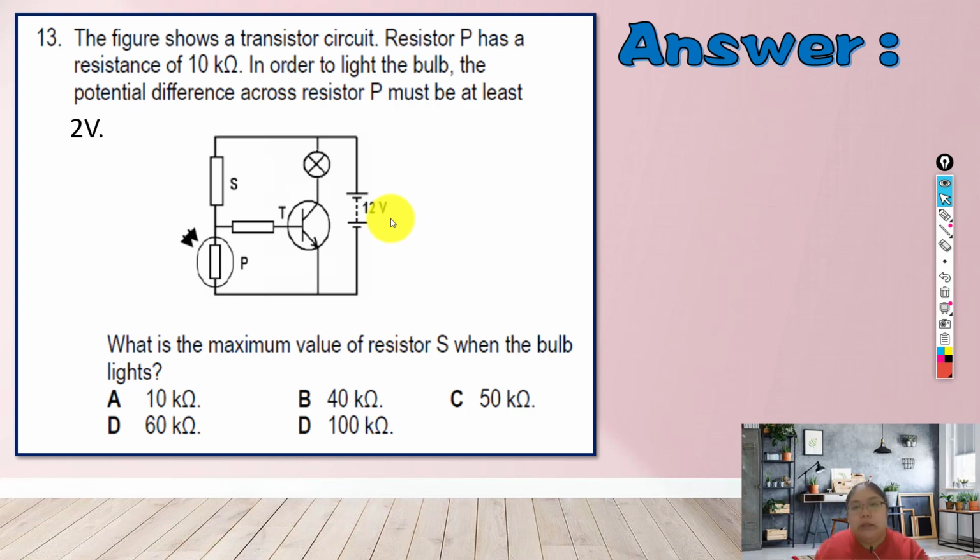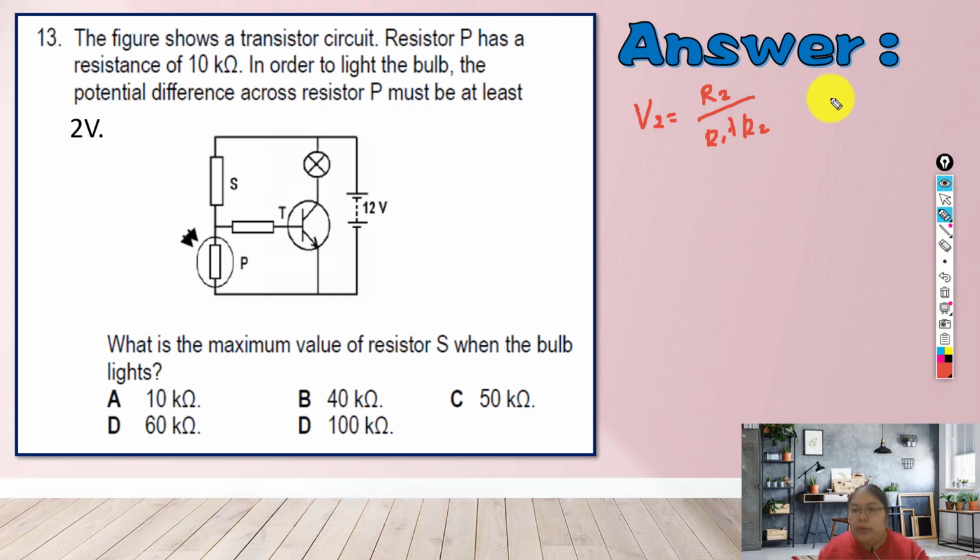For example, we're using the equation for V2. V2 is easier to find. Let me show how to do this question. V2 equals R2 over R1 plus R2, then multiplied by the total volt.